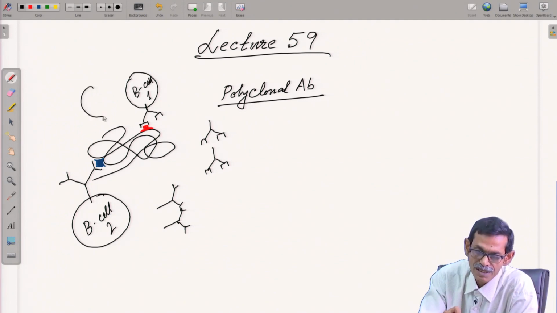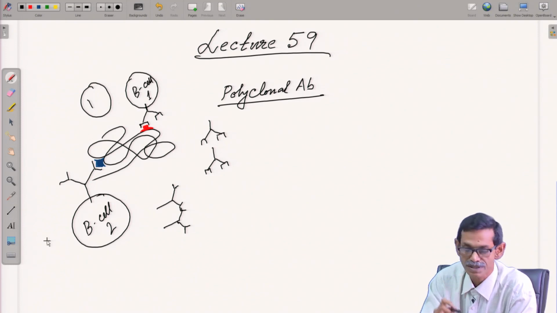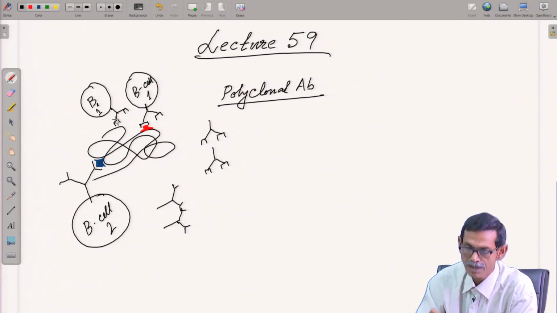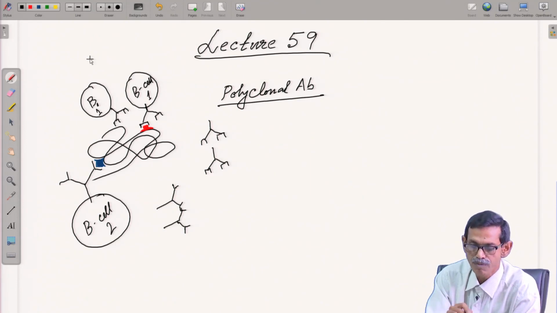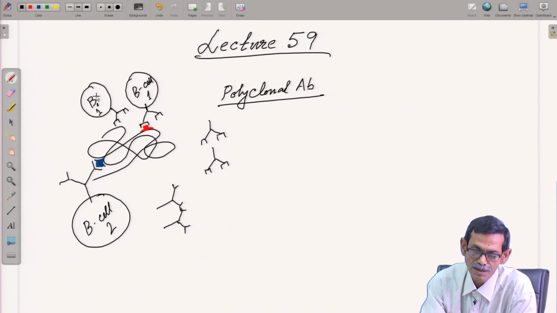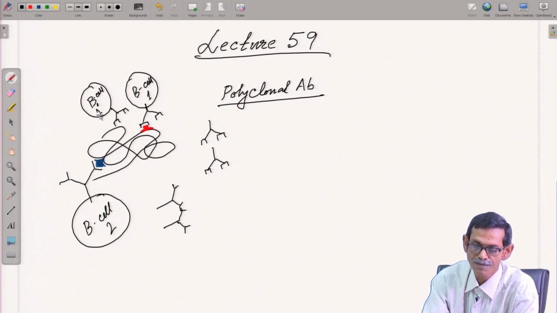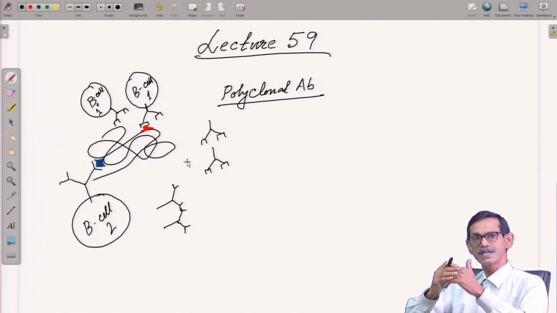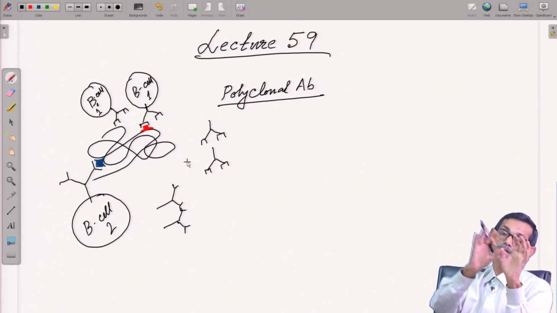So, another B cell will come. Assume that this epitope is not there, only one epitope is there. Another B cell will come, say B cell 1 prime, which has a similar epitope. Even in that case, B cell 1 and 1 prime are going to produce a mixture of antibody which is almost identical, but they originate from 2 different B cells.